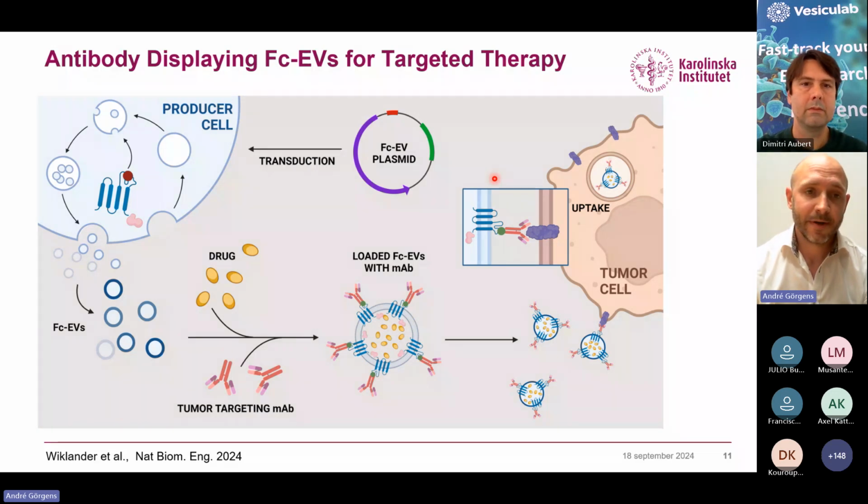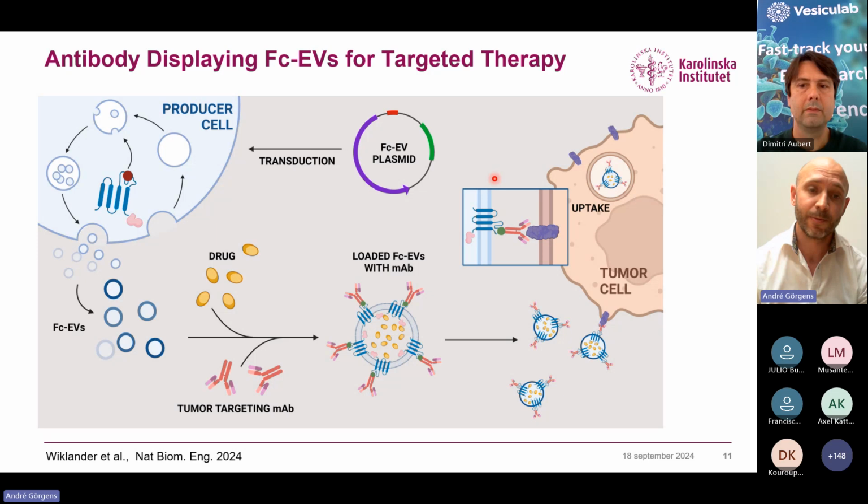There's plenty of evidence of using engineered EVs for targeting. Back in 2011, Lydia Alvarez published a very nice paper in Nature Biotechnology showing brain targeting by introducing a fusion construct with LAMP2B and RVG, the rabies viral glycoprotein.